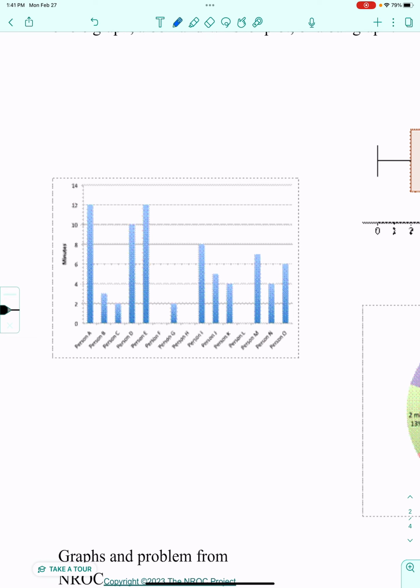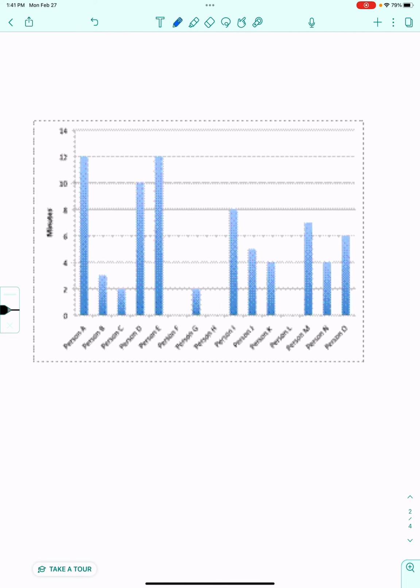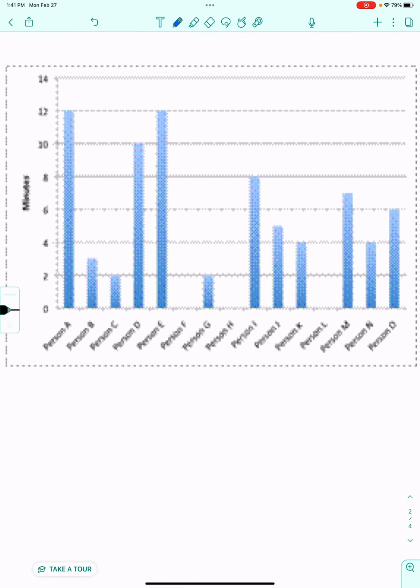First of all, we have our bar graph. That's a little bit blurry. This is person A, and this is B, C, D, and so on.